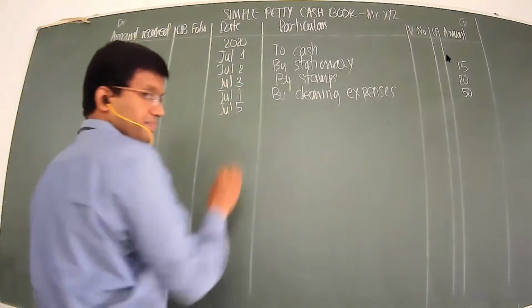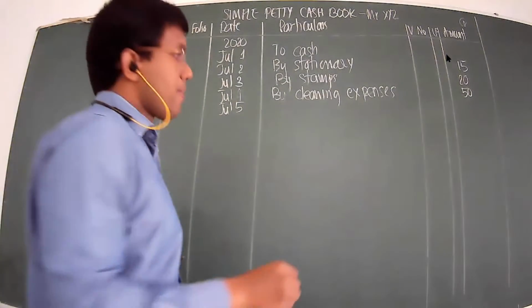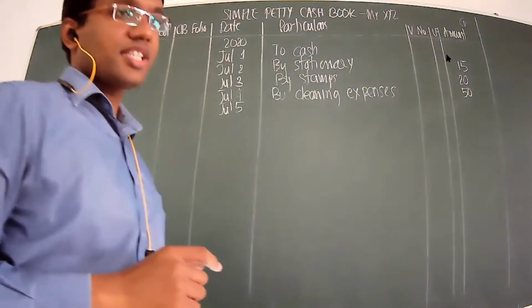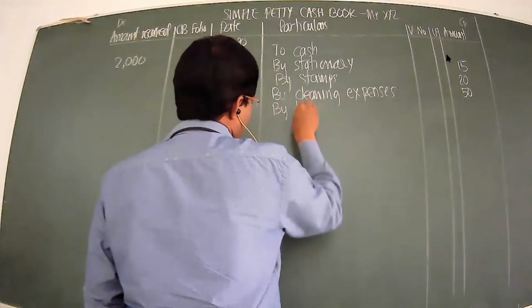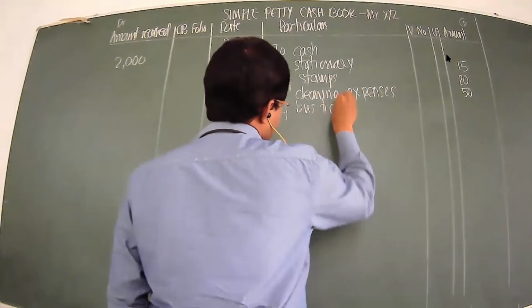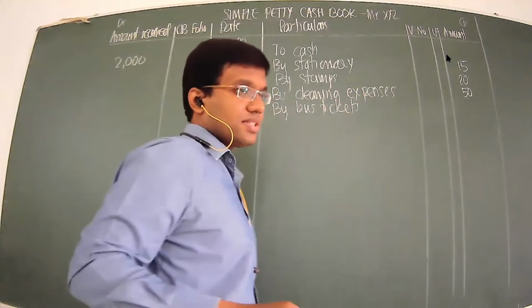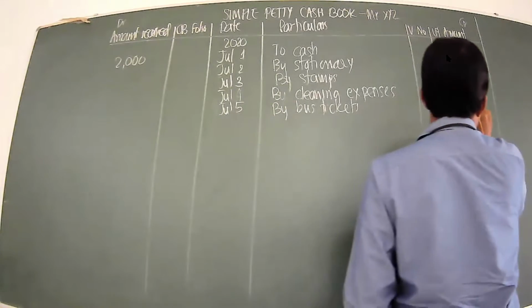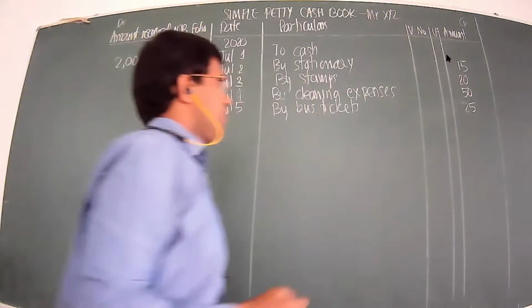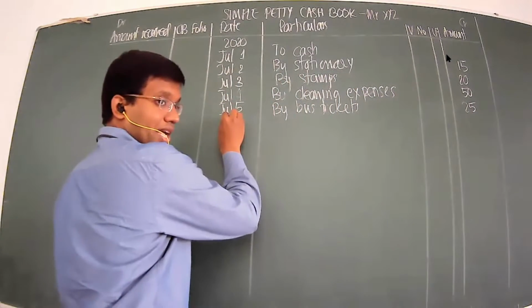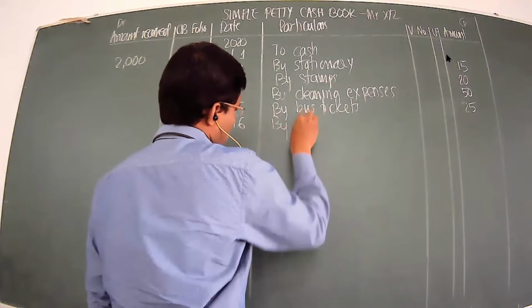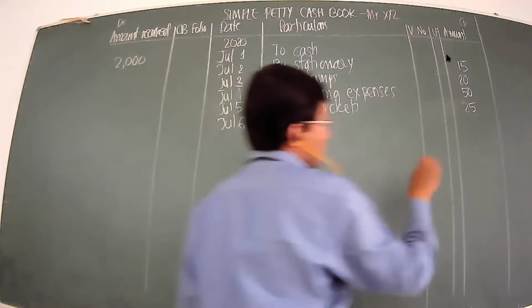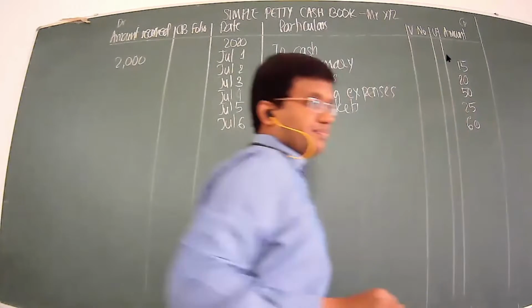July 5th, the transaction tells us paid for bus tickets, so by bus tickets, and the amount is 25. Then July 6th, by food, 60 rupees.